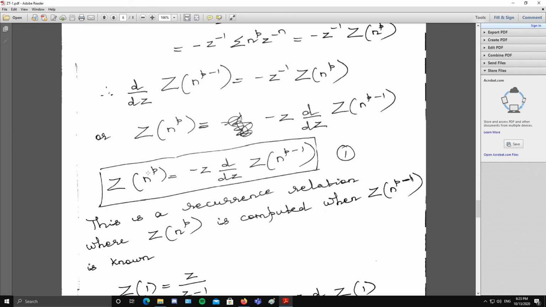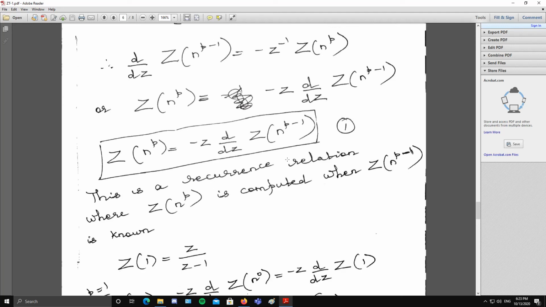So remember this, take this as 1. This is the recurrence relation. If you have to get the transform of n power p, you get it from n power p minus 1, by differentiating the transform of n power p minus 1.